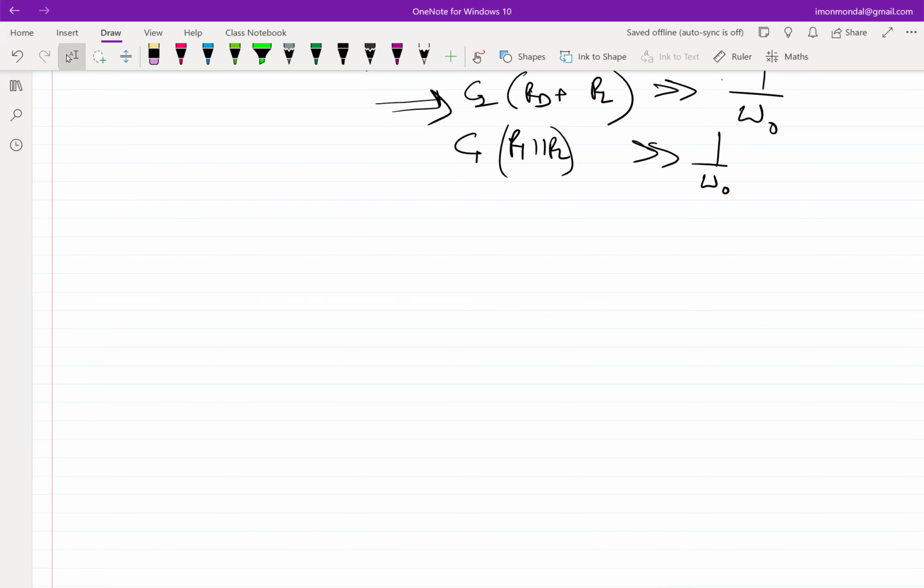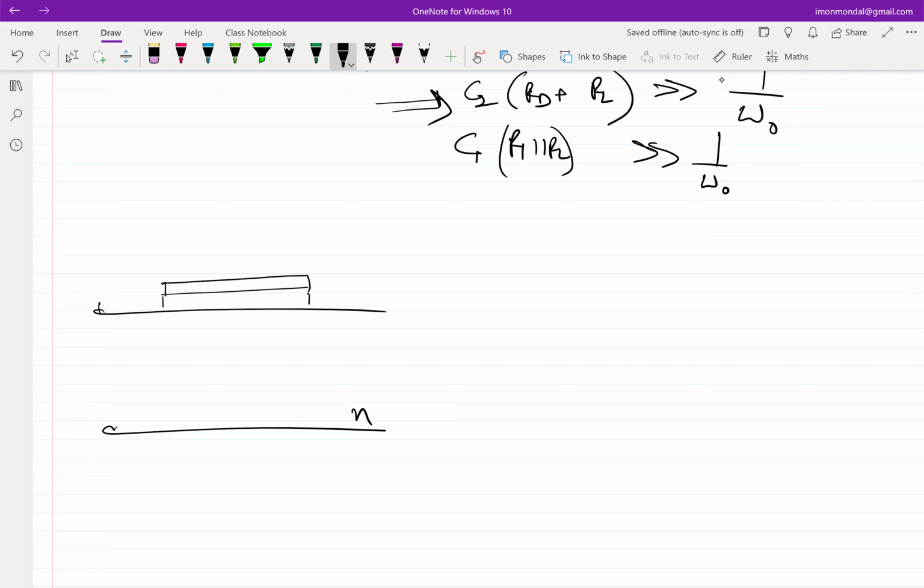So what was a PMOSFET device structure like? The base was an N-type semiconductor. There was a gate, and obviously there is an oxide in between, and we had doped these regions with P plus.